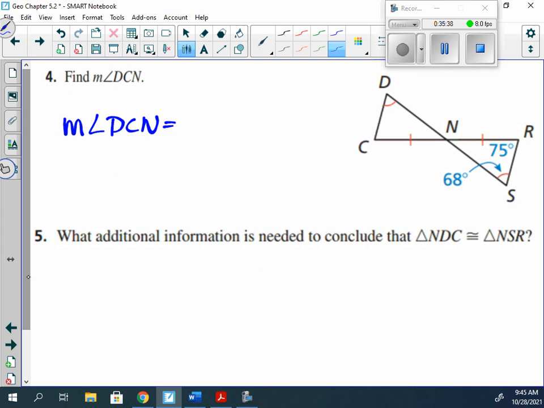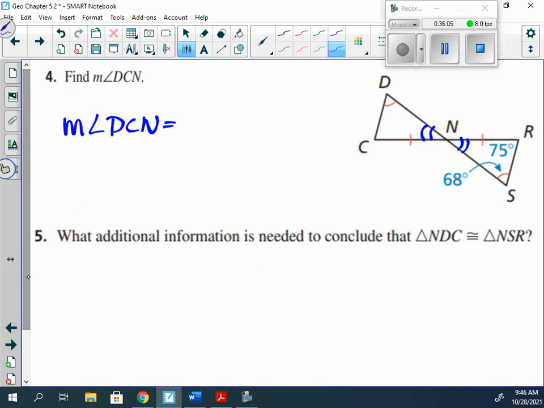Well, do we have any markers on C and R? No. So at this point, we can't say they're congruent, but there is another angle that is. D in C and R in S, because those two angles are what? Vertical angles.